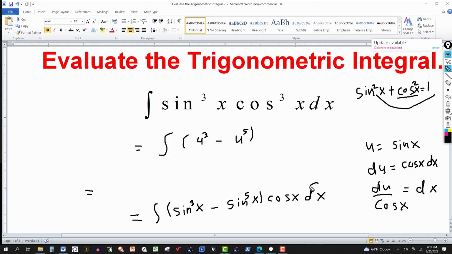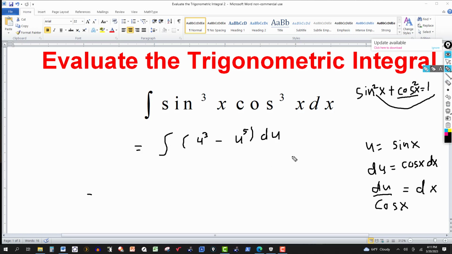So right here, I replace this dx by du over cosine. The cosines will cancel, and this will just give me du out here. So that's my next step. And then I've got some simple integration with respect to u.